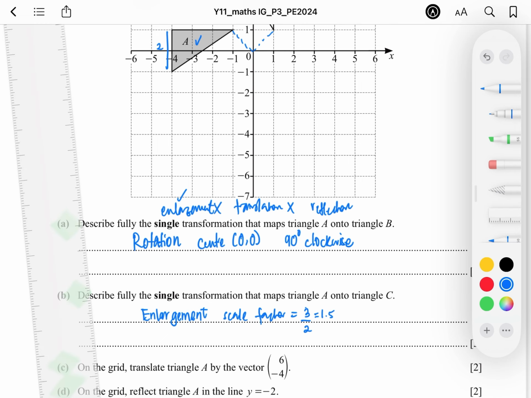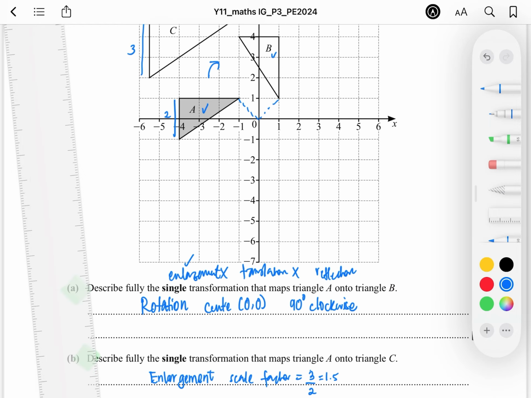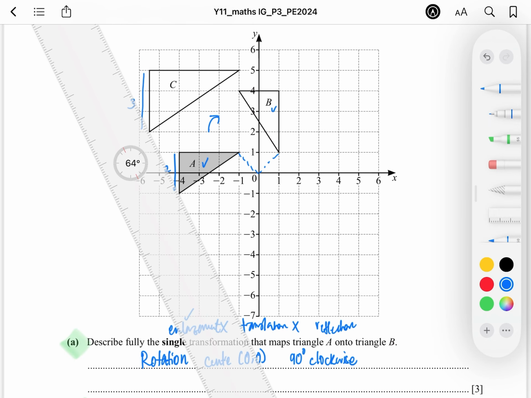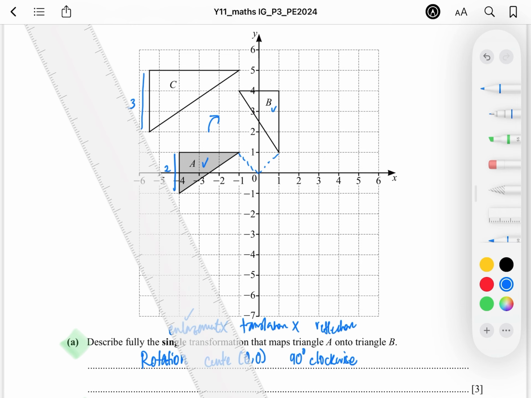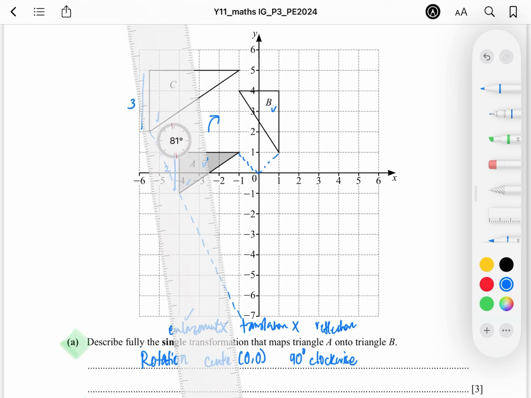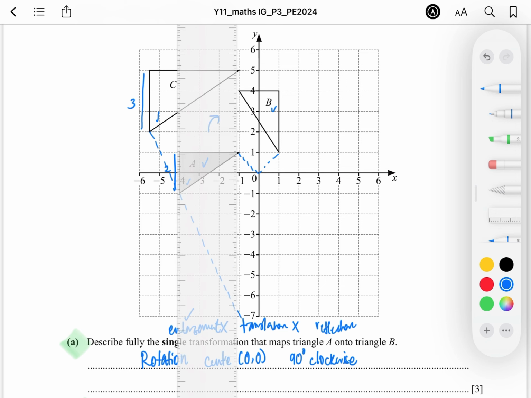And then the final mark would be your center of enlargement. So what we can do, take a ruler, pick one image and corresponding object, and draw the line there. Pick one here and here, and then draw the line there.